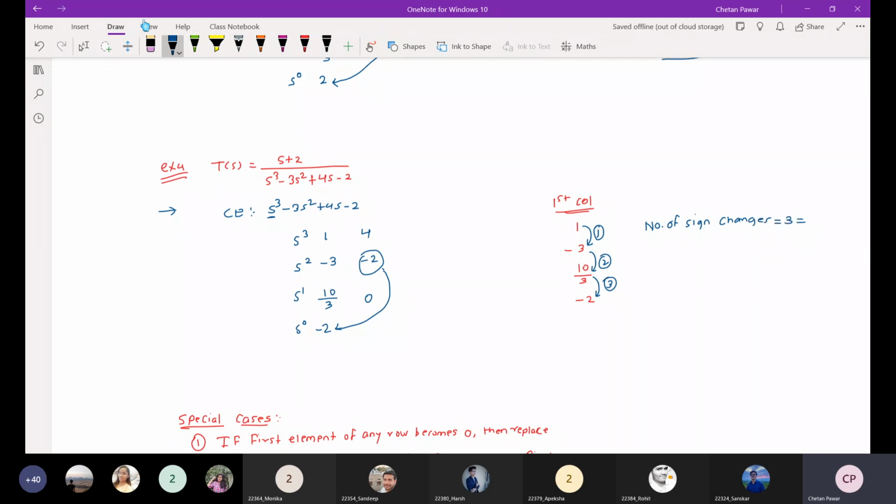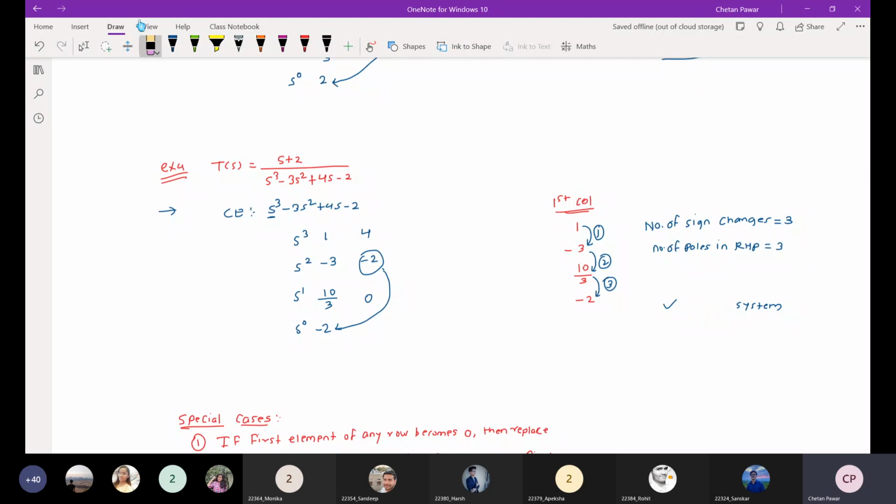So that is equal to the number of poles in RHP. So there are 3 poles in RHP. So we can say that this is an unstable system, because all poles lie in the RHP.